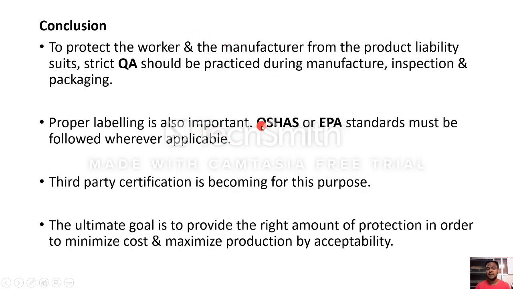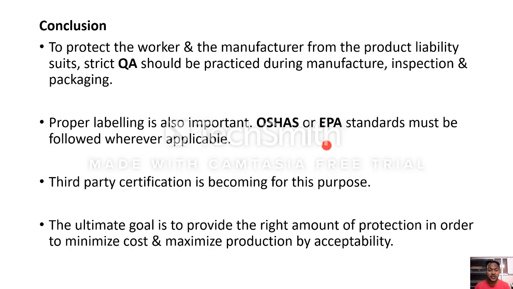For example, there are standards like OSHA's or EPA standards. These must be followed wherever applicable. I hope you know that OSHA is the Occupational Safety and Health Administration, and EPA is the Environmental Protection Agency.